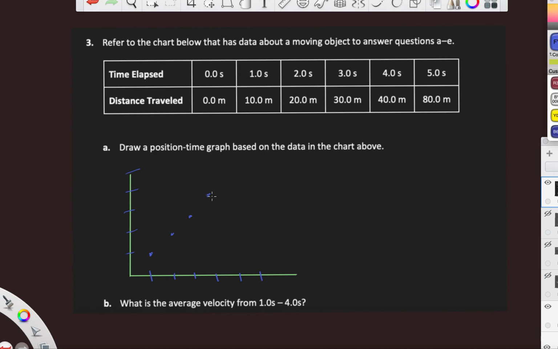Oops. Let's undo that. Got out of hand there. And obviously it goes way up here. Way up here. Right?